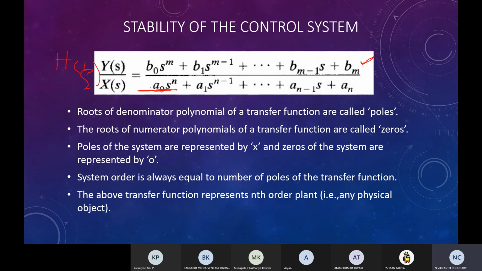And if you substitute a pole in place of s in the denominator, the denominator becomes zero, so the total transfer function will be infinity.